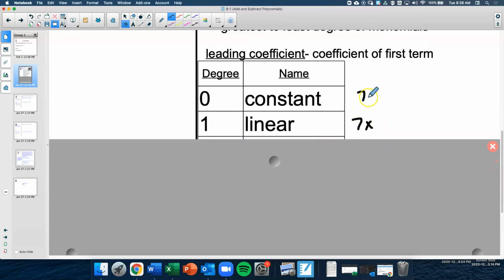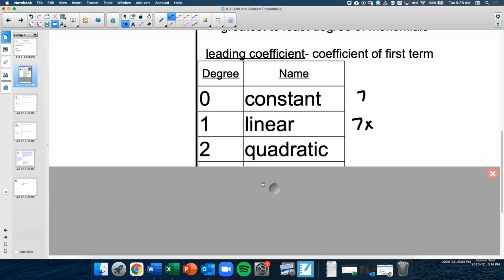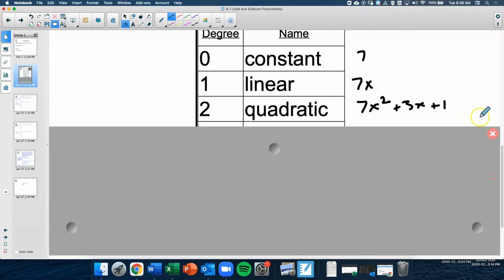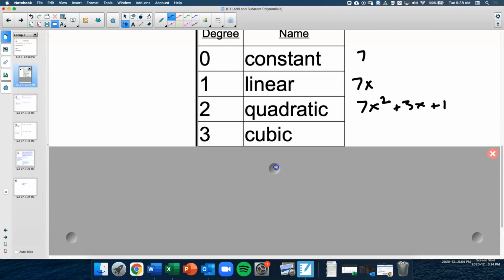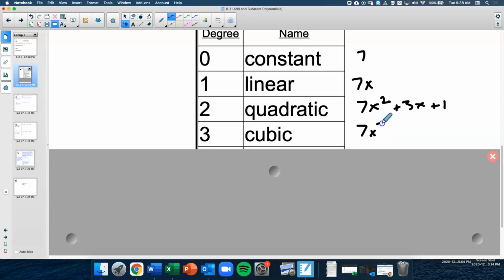There's no variable on that, so that's why it's just constant. A quadratic, we would say this would be like 7x squared. And you can have stuff like plus 3x plus 1 quadratic, or it could just be 7x squared. A cubic, you'll see like 7x cubed plus 3x squared plus x plus 5.